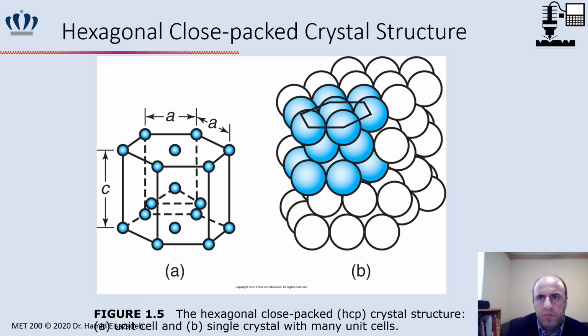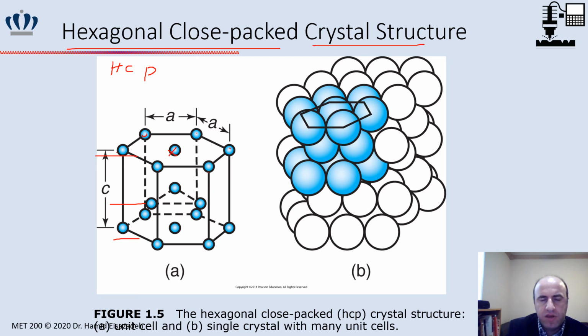The next crystal structure is called hexagonal close packed, or HCP for short. In this unit cell, we have 3 planes: top, middle, and bottom. On the top plane, we have 6 atoms on the corners, as you see here, and 1 atom in the center.